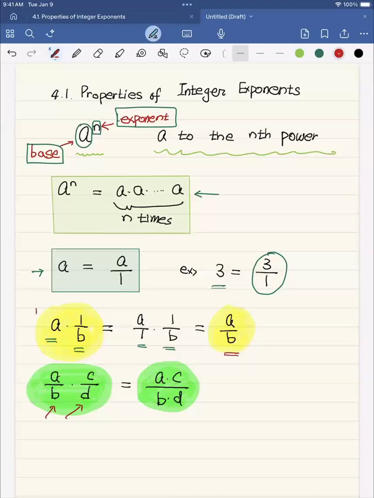So a times 1 over b can be written as a over b, and if you see a over b, sometimes it is more convenient to write a times 1 over b. Those are the basic properties you already know.